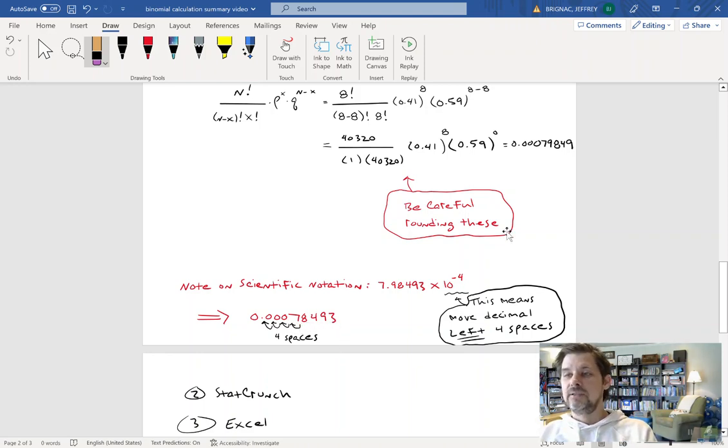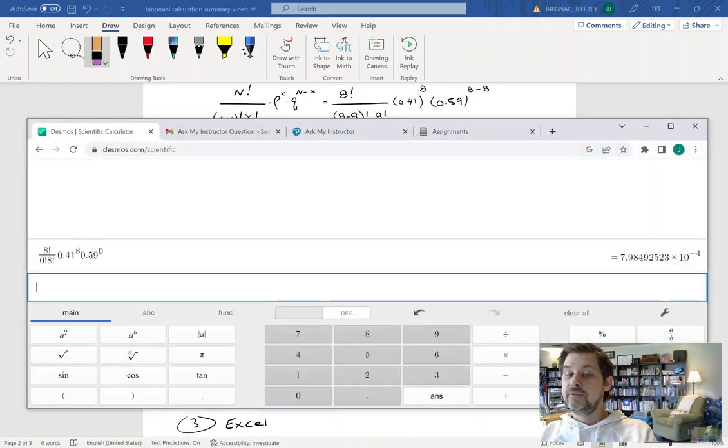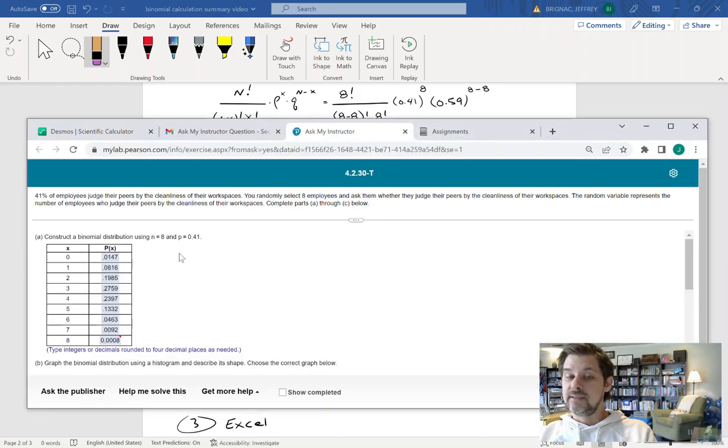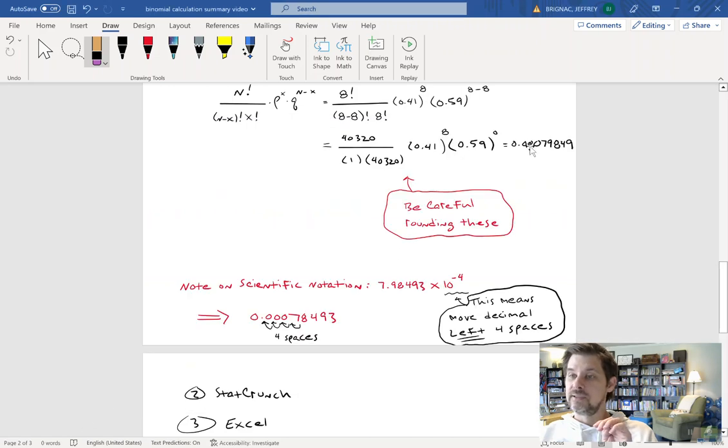Okay? So since it says in the question to type decimals rounded to 4 decimal places, 0.0008. That's 4 decimal places. If I round to that spot right there where the 7 is, where the next number is a 9, it's going to be 0.0008.